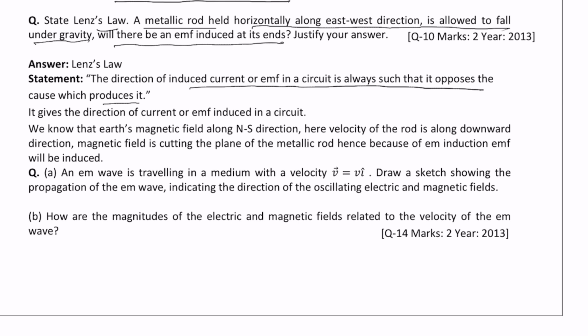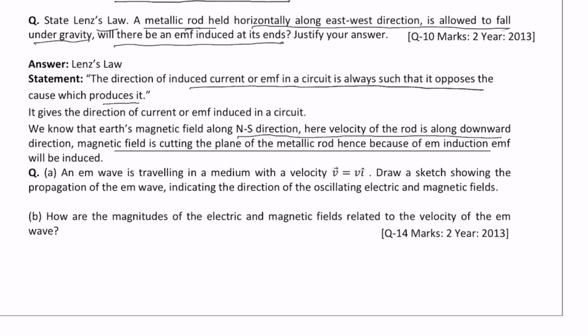A falling metallic rod is crossing this magnetic field, so the magnetic flux will vary and EMF will be induced, correct? The source is a magnetic field in the north-south direction. Here the velocity of the rod is downward, so the magnetic field is cutting the plane of the rod. Hence electromagnetic induction will happen and EMF will be induced across the rod, correct? So this is the reason.